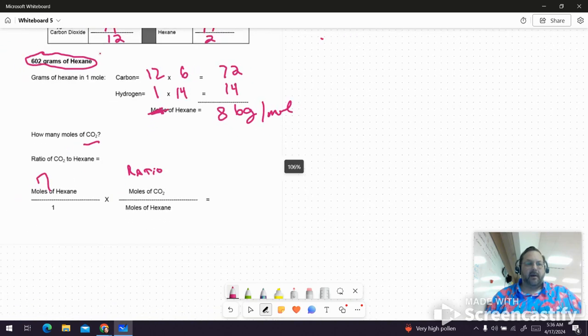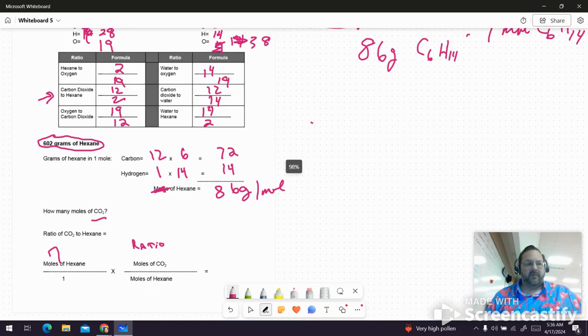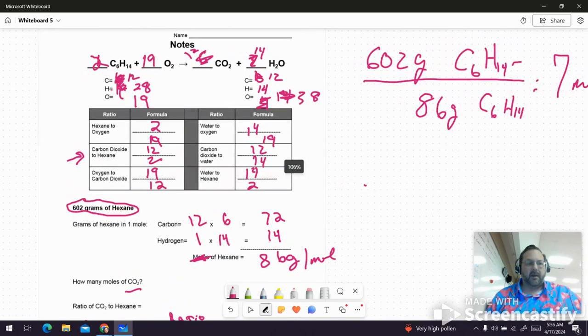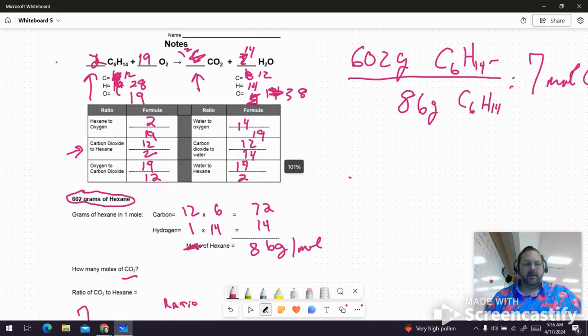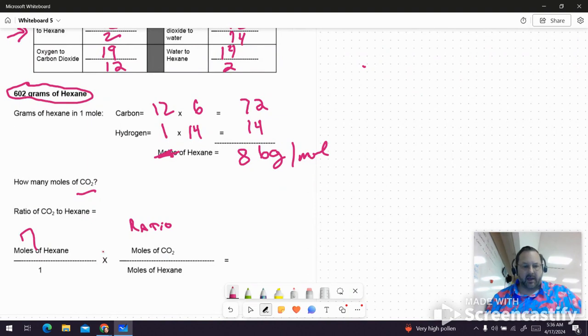If I go back up in my problem, CO2 to hexane is 12 to 2. CO2 is 12, hexane is 2. So I'm going to put a 12 on top and 2 on the bottom. So now I have a fraction with a 2.